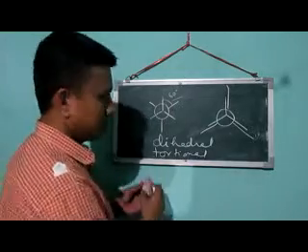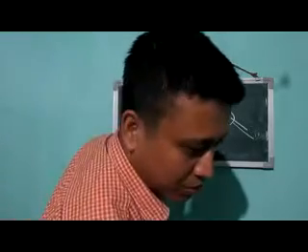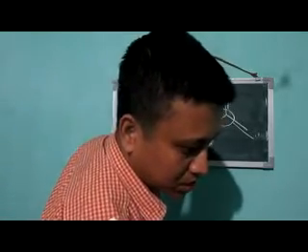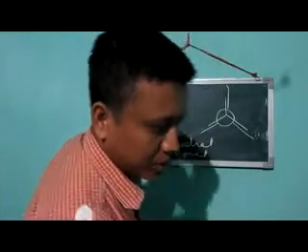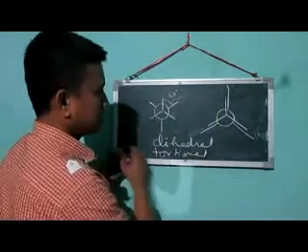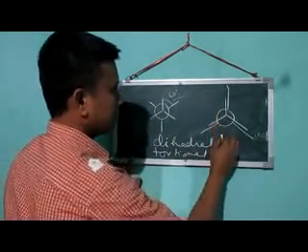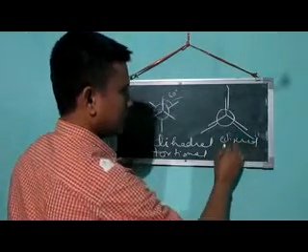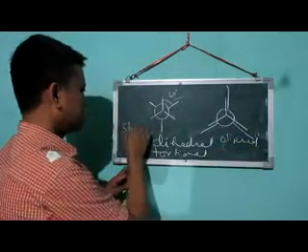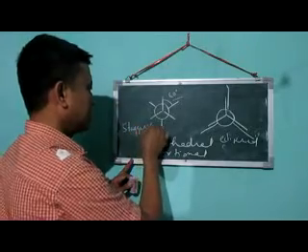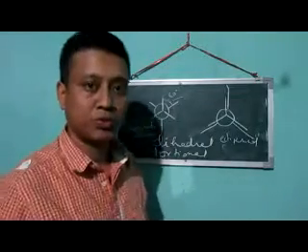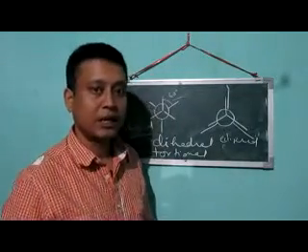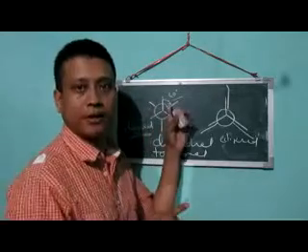Suppose in case of this molecule, we can find different structures. This is called eclipsed structure. This is called staggered structure. So there are different types of structures which we can find depending on the dihedral angle.